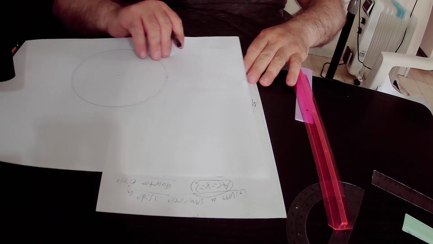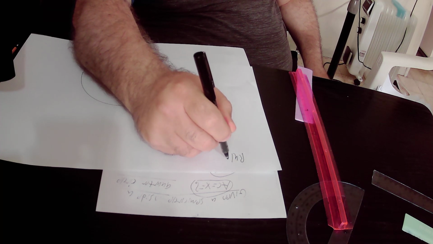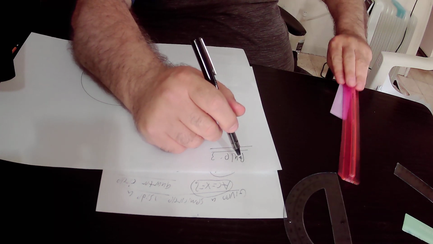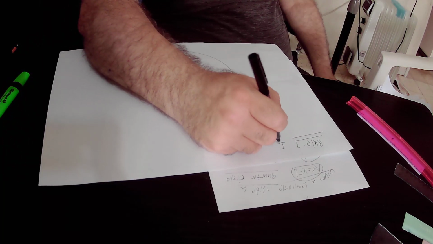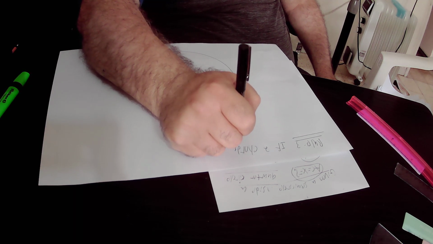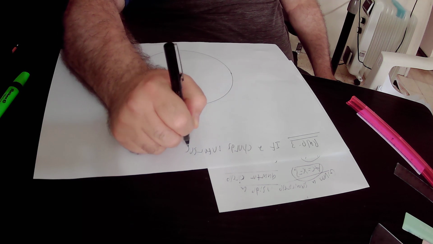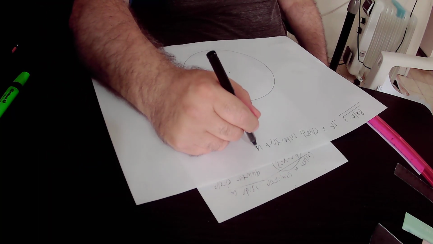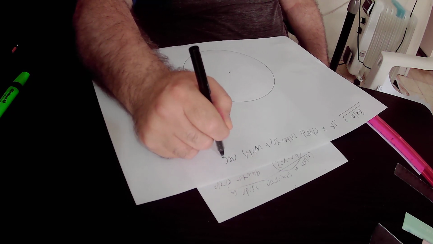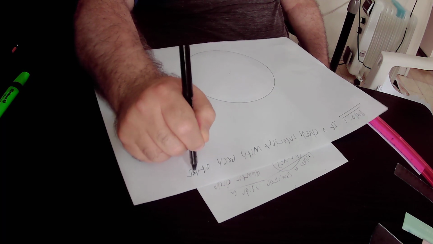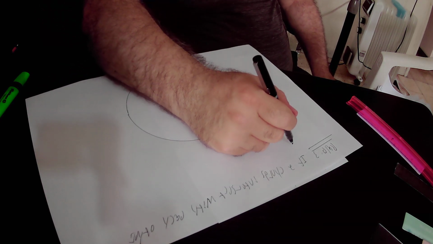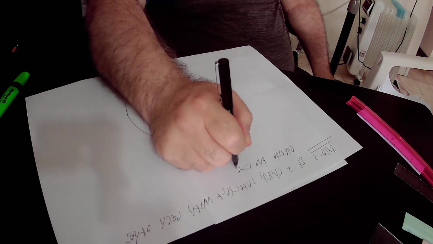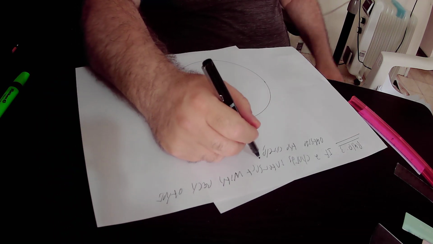According to rule number 3, if two chords intersect with each other outside the circle, then the following equation is true.